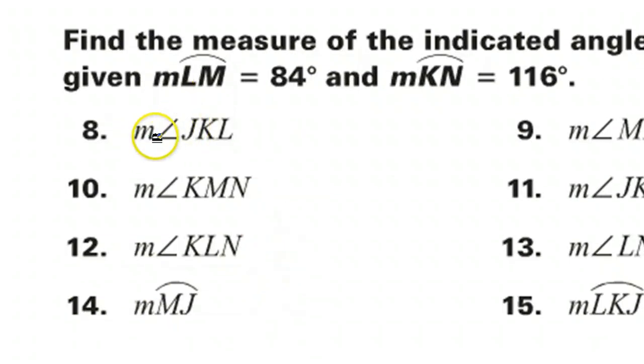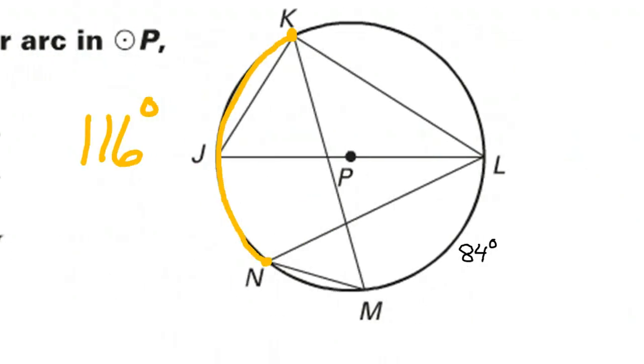Alright, so the next thing we need is angle JKL. JKL is this angle right here, because it goes from J to K to L. Anytime I'm dealing with inscribed angles, the first thing I'm going to do is look at the intercepted arc, because I know that the inscribed angle is half the arc.